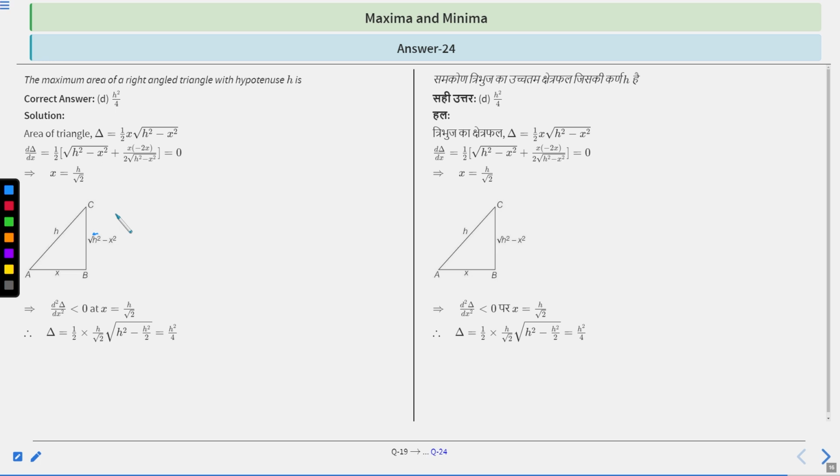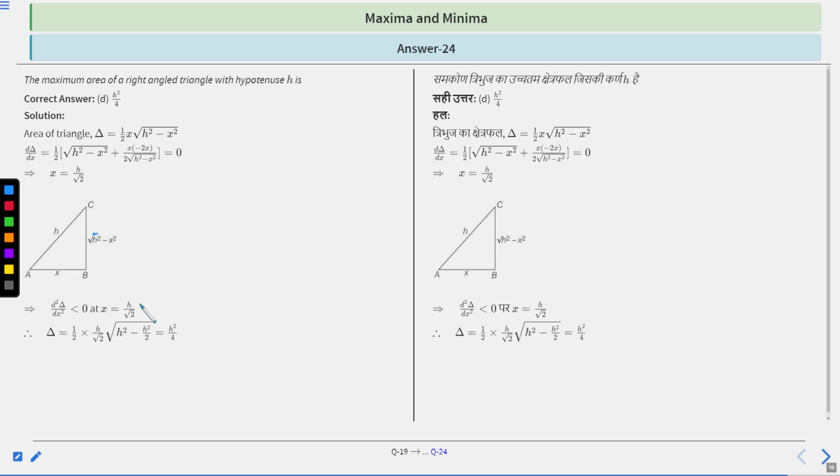As we have discussed, we found the critical point in terms of h, right? So at x equal to h by root 2, d delta by dx is coming out to be 0. Now let's calculate d square delta on dx square at x equal to h by root 2, which is coming out to be less than 0. That means x equal to h by root 2 is giving the maximum area, right?